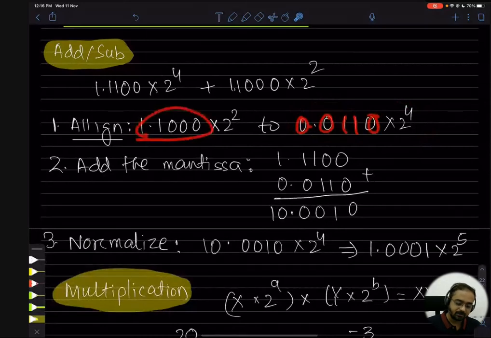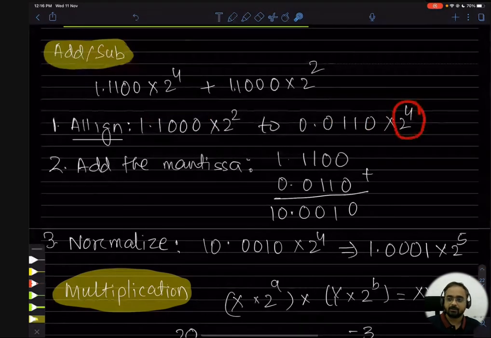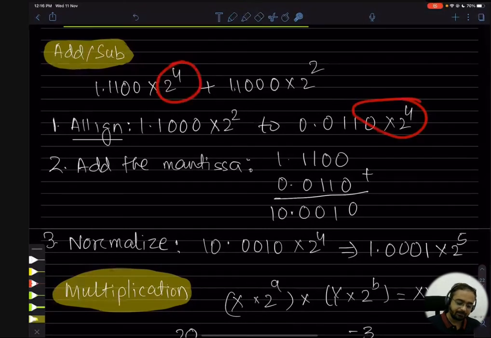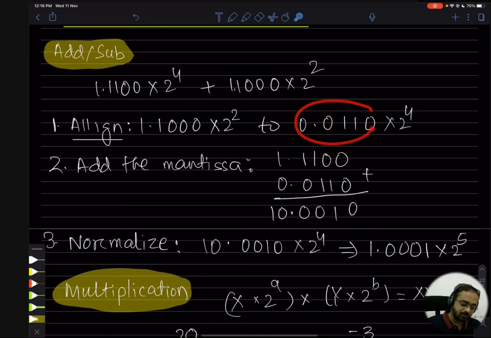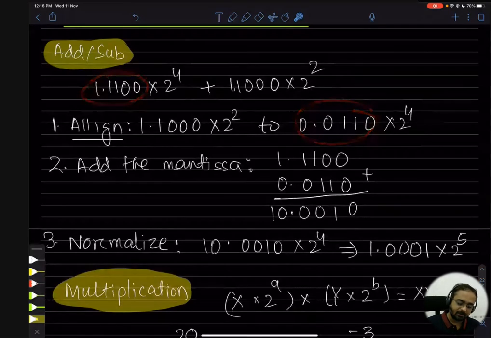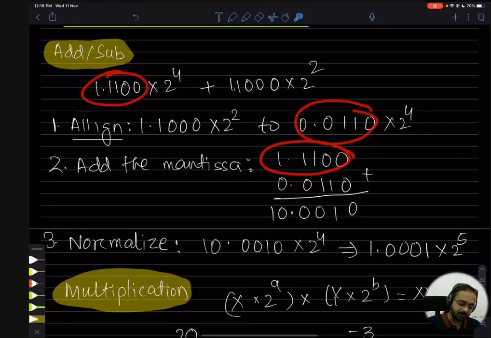This is shifted 2 times right, and we have added plus 2 in the exponent. Now these exponents are same, both exponents are same. We can add this to this. So the next step is to add the mantissa.